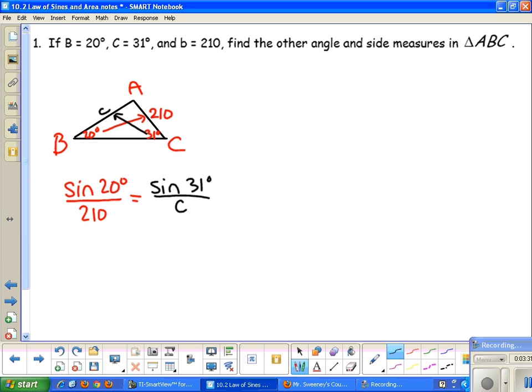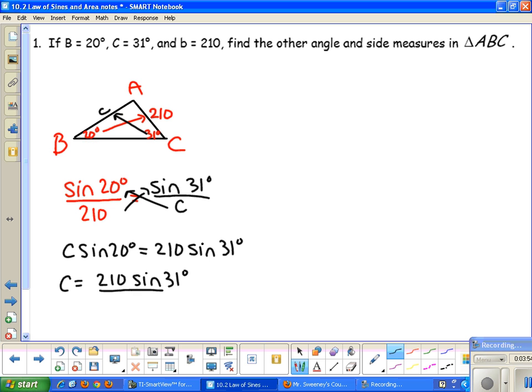So if I want to solve this, I can cross multiply. When I cross multiply, I get c times the sine of 20 degrees equals 210 times the sine of 31 degrees. And then I'm solving for c, so c is equal to 210 sine of 31 degrees divided by the sine of 20 degrees.